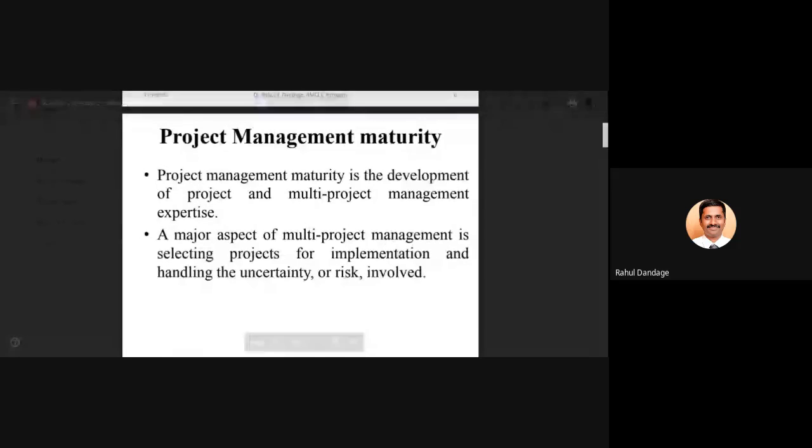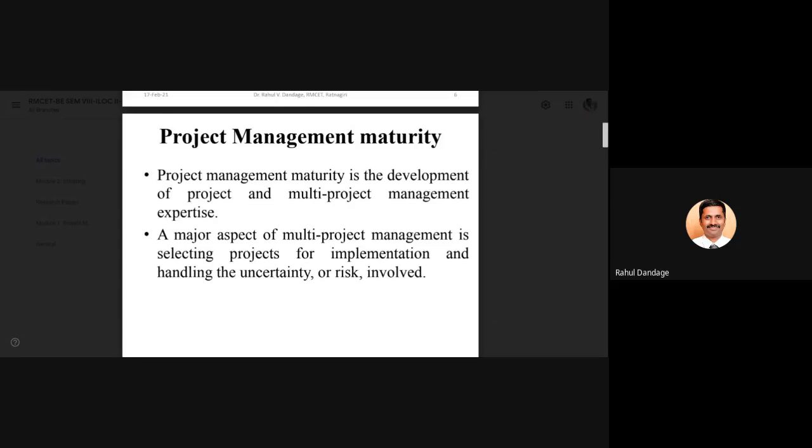Then project management maturity. This is the next part we have to see after consideration of the PMO. Project management maturity, normally abbreviated as PMM, is nothing but the development of project and multi-project management expertise.